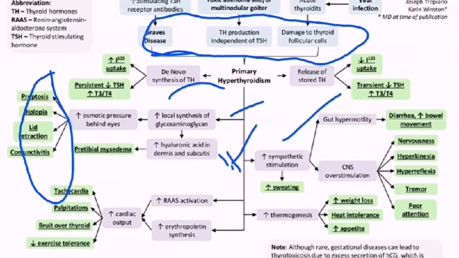If you go downward, there may be increased RAS activation and increased erythropoietin synthesis, which increases the cardiac output as well. This increases the cardiac symptoms, such as tachycardia, palpitation, and decreased exercise tolerance.